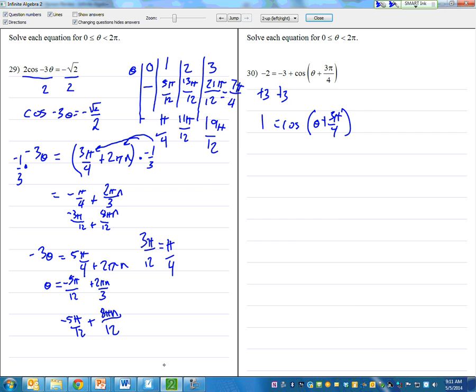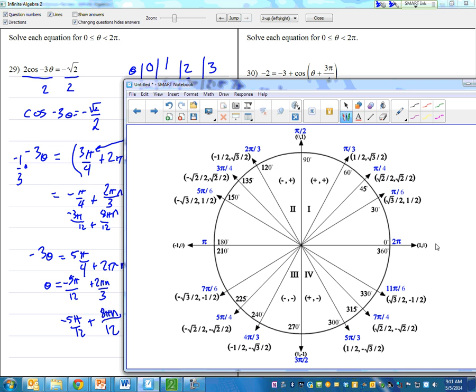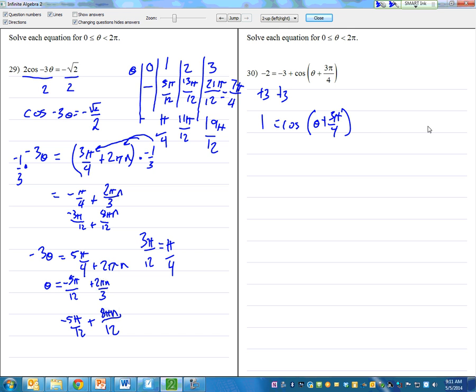If we look up our unit circle real quick, the cosine is 1 at 0 and 2 pi. Well, I need to use 0 because 2 pi is not in my domain. Okay, so I know that my angle right here, I only have one angle this time. It's going to be theta plus 3 pi fourths is equal to 0 plus 2 pi n.